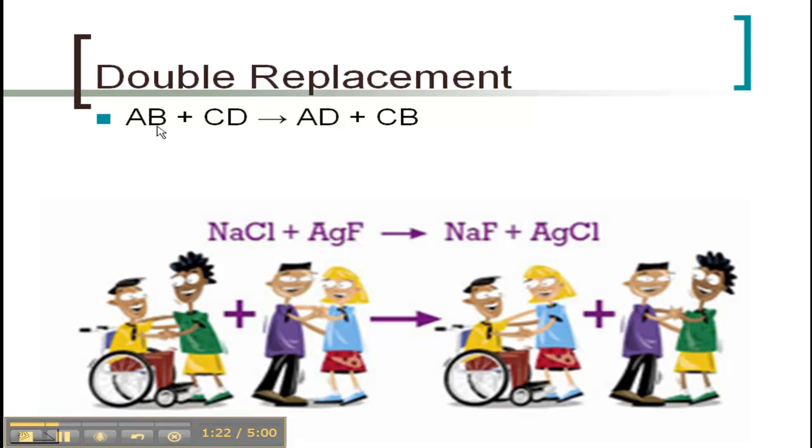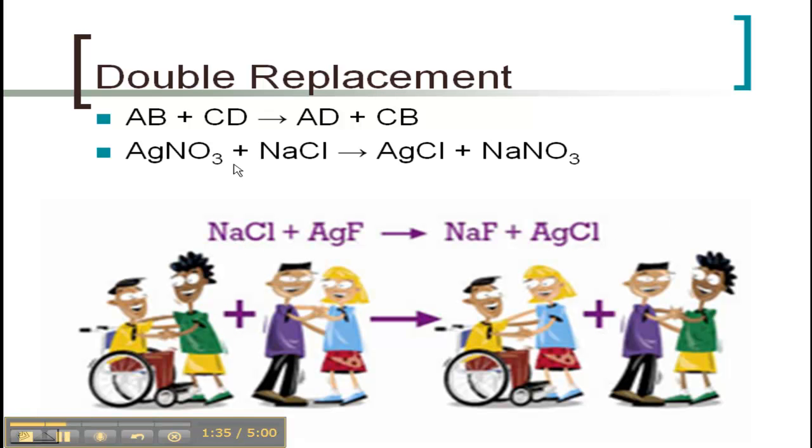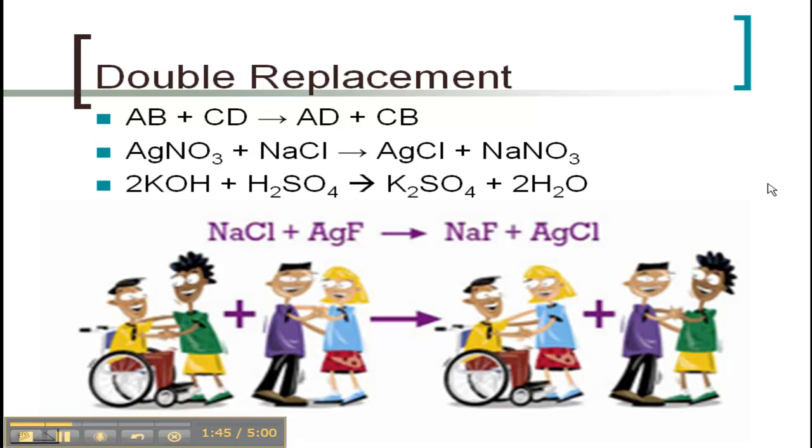So you have to make sure you check all of that. So like our example here, sodium goes over here with fluorine, so we get sodium fluoride. Silver goes with chlorine, we get silver chloride. So silver goes with chlorine here, sodium goes with nitrate, so we get silver chloride and sodium nitrate.